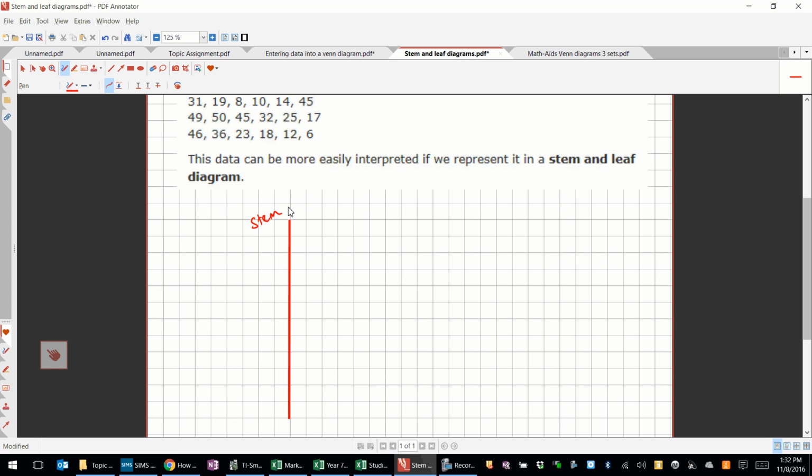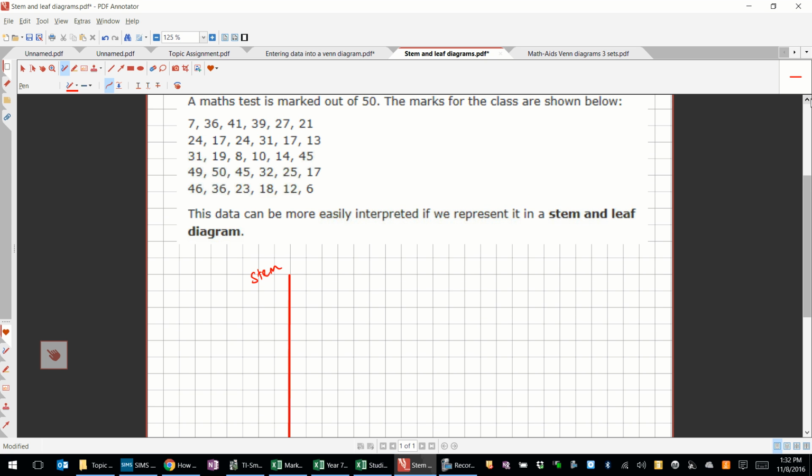And if we know about place value, we can see that there are certain things that are repeated quite often in these numbers. And that would be the tens. So for instance, we've got some 40s. We've got lots of tens.